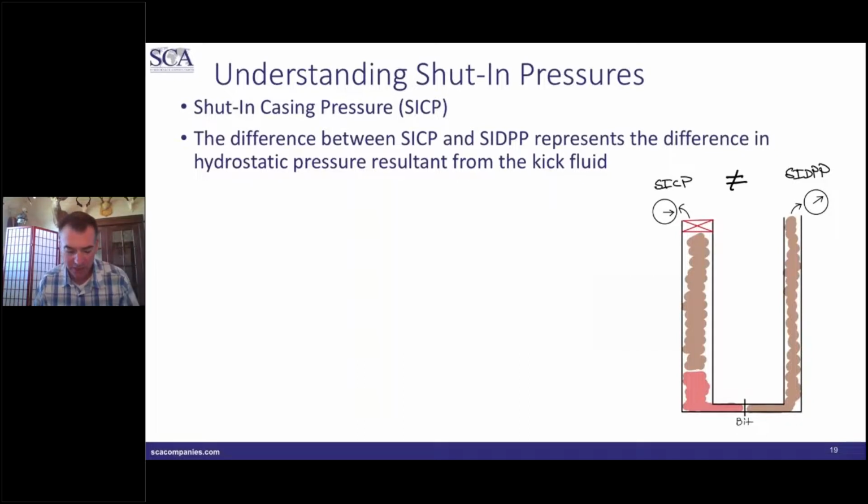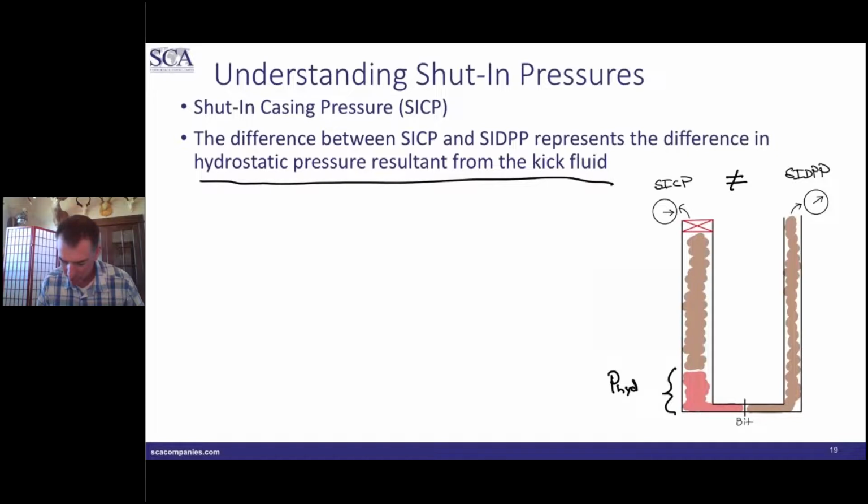And the reason they're not equal is because the hydrostatic pressure resultant from the kick fluid is different than on the right side. There's a pure column of fluid on the right side. There is a column of kick fluid on the left side, or in our annulus.